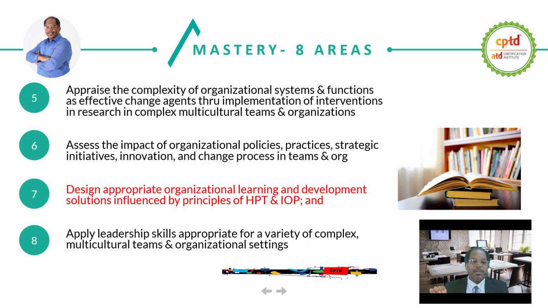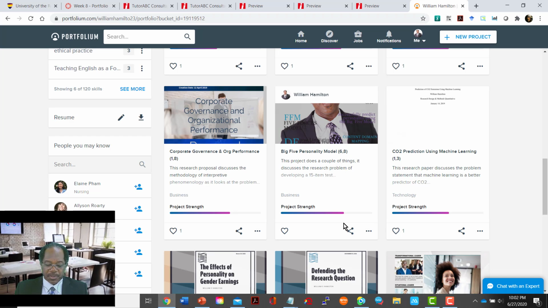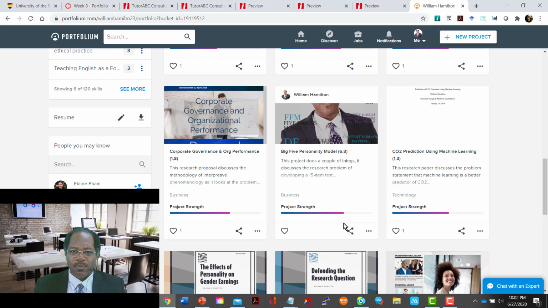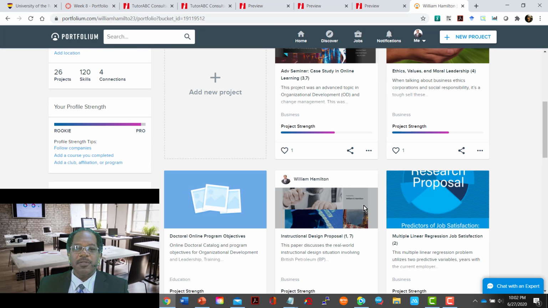Program learning outcome number 7: design appropriate organizational learning and development solutions influenced by principles of human performance technology and industrial, organizational psychology. Okay, this is number 7. I have 3 or 4 of these here. One of them is the proposed intervention. Again, you can look at the parentheses, topics in performance management, etc. I chose topics in performance management.